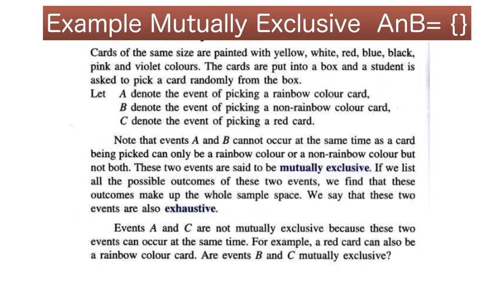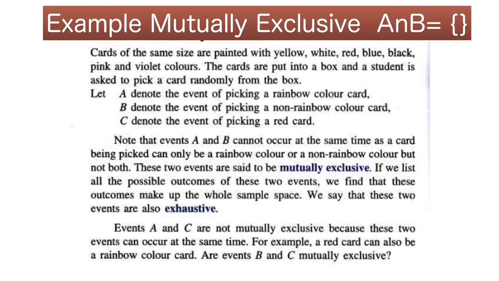Note that event A and event B cannot occur at the same time, as a card being picked can only be a rainbow color or a non-rainbow color, but not both. These two events are said to be mutually exclusive.